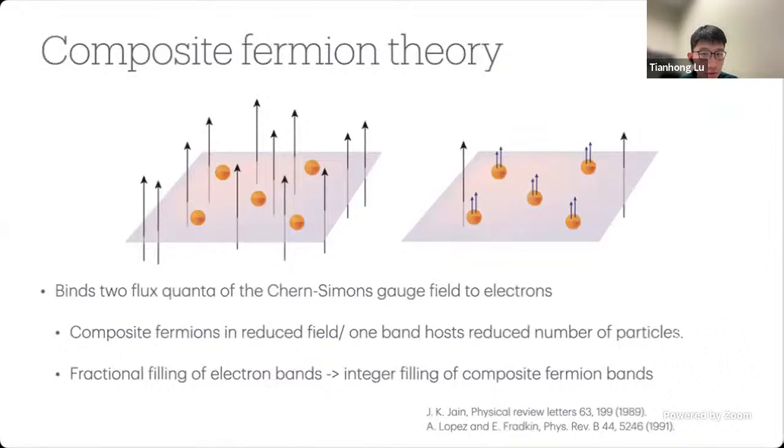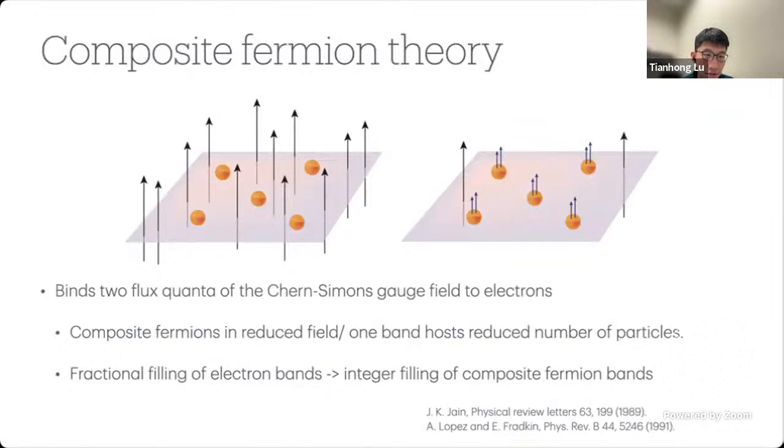So our goal is to investigate if FCI emerges in such a system. To do that, we're going to use a composite fermion approach. Imagine we're not in the lattice yet. We're still in maybe a two-dimensional electron gas with a uniform external B field. Composite fermion theory says that you have some fluxes in the system and some electrons.